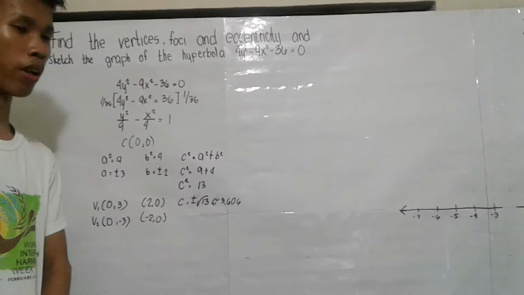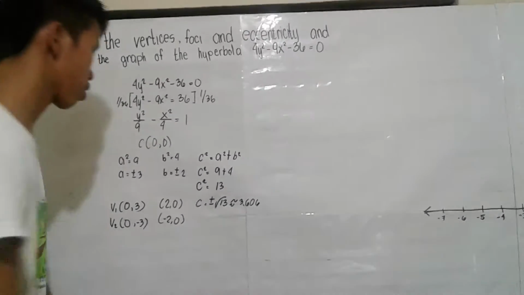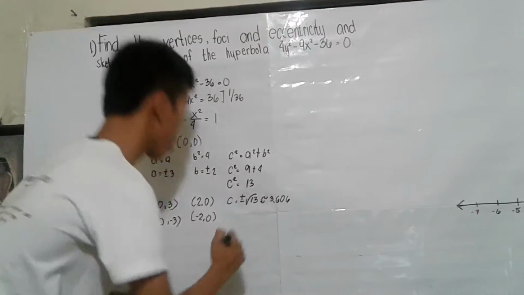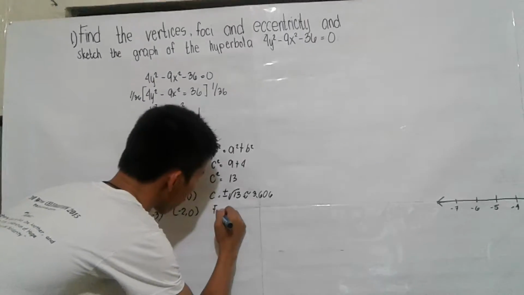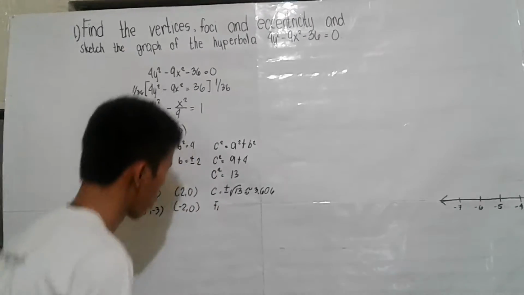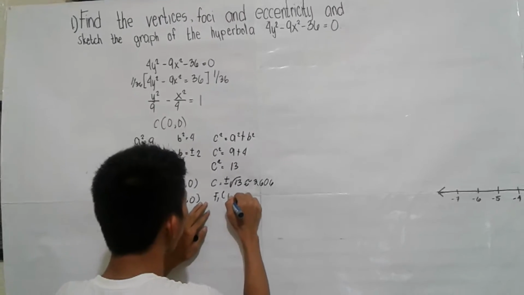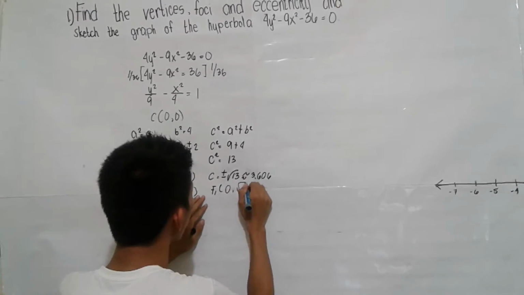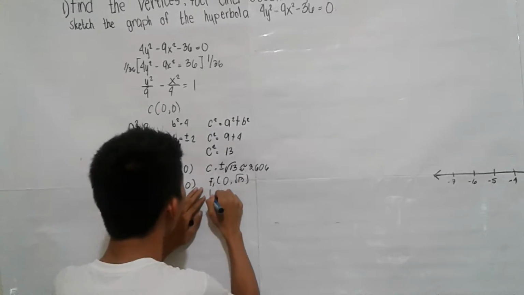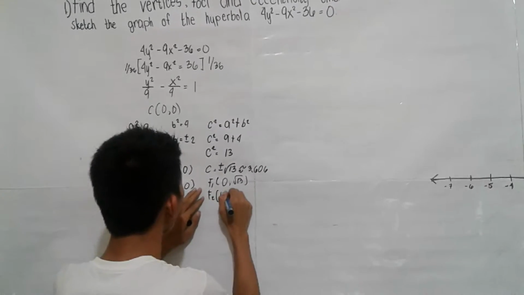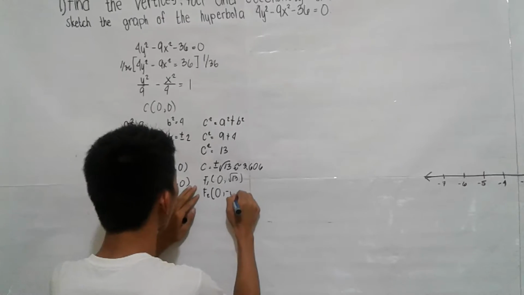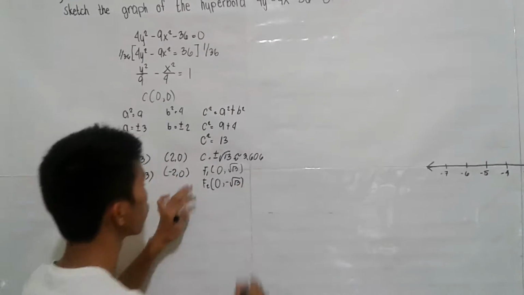And the points of our foci, through the value of c, are (0, square root of 13) and (0, negative square root of 13).